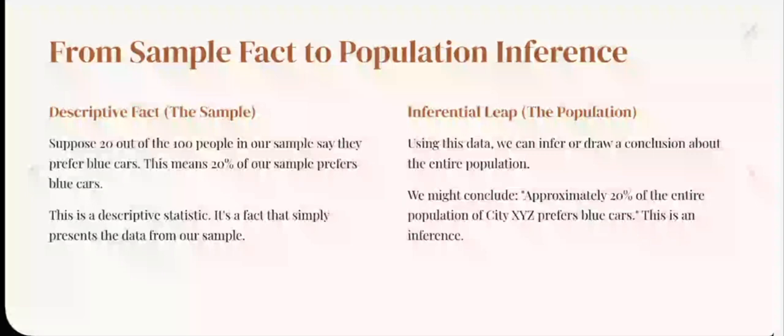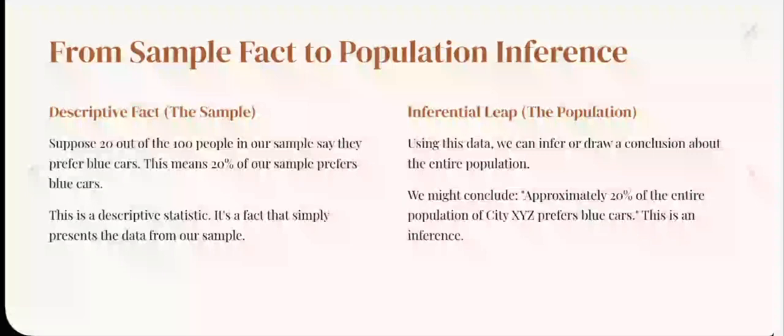That's our sample data. So that would fall under the realm of, would you say, descriptive or inferential statistics? Which one? Now, this is basically a fact. We're presenting data. So 20 people out of 100 say they like blue cars. So that would be descriptive.